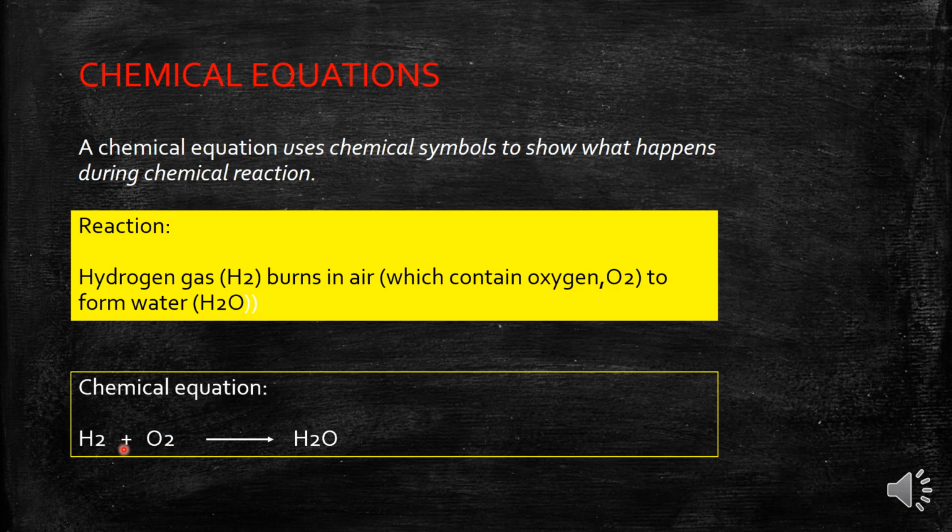The reaction is assumed to proceed from left to right as the arrow indicates. This equation is not complete or balanced. We can balance the equation by placing the appropriate coefficient in front of hydrogen and water, H2O.